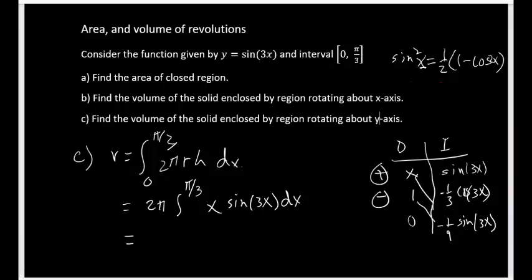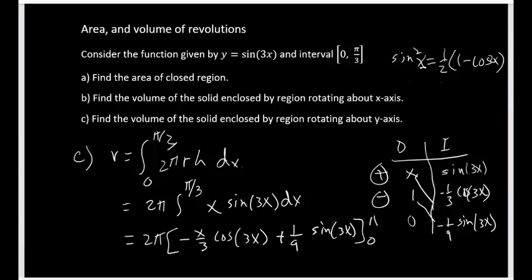So now we are just multiplying. We get x times negative 1/3 cosine 3x, which is negative x over 3 cosine 3x. And then the next one is minus minus, which will make it plus 1 over 9 sine 3x. And the limit goes from 0 to pi by 3. So you can easily check the result now with the interval.